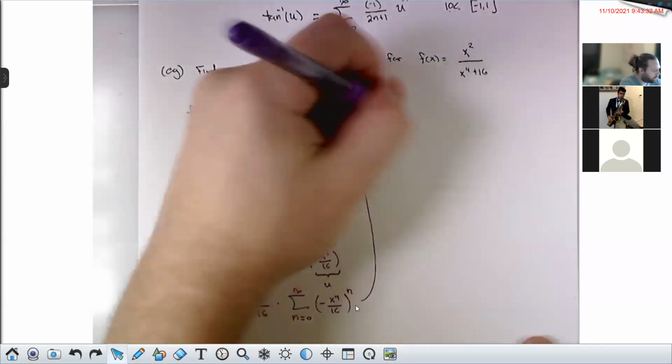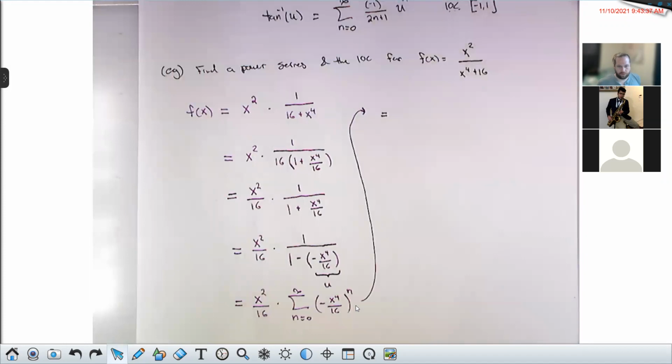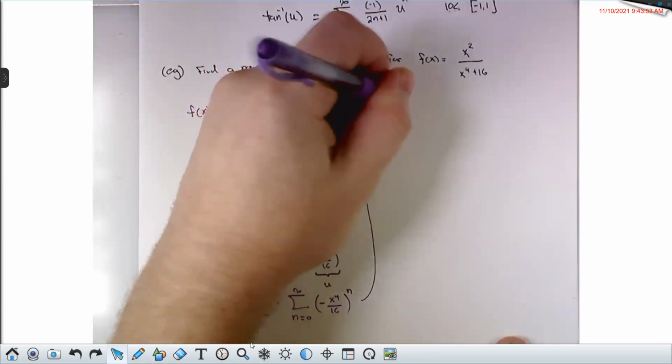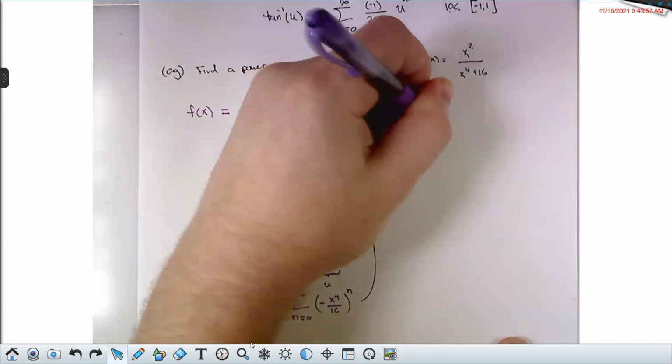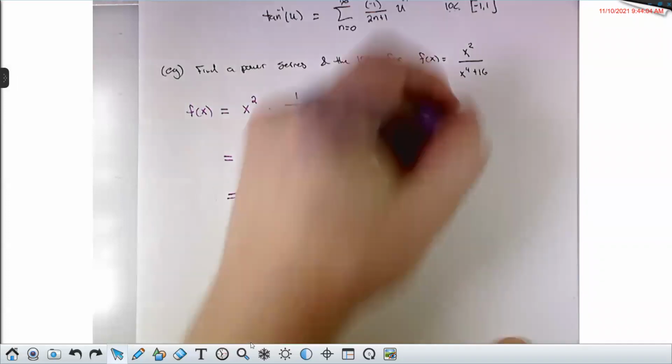So from here, we need to use the algebra rules for the sigma operator to just clean things up. I'll leave the x squared over 16 out for now and just work inside the sigma. So this is x squared over 16 times sigma n from 0 to infinity of negative x to the 4 over 16 all to the n.